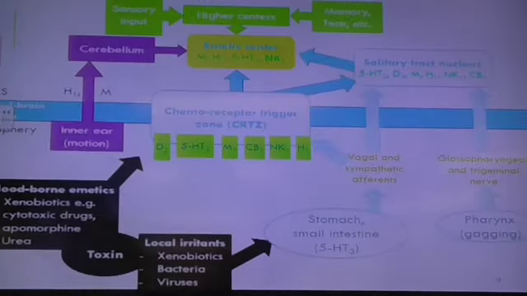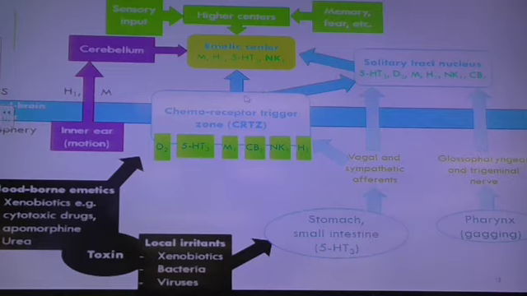The thing you have to know is that the receptors of the chemoreceptor trigger zone are important for pharmacological management, to cause vomiting or stop vomiting, and the emetic center too.